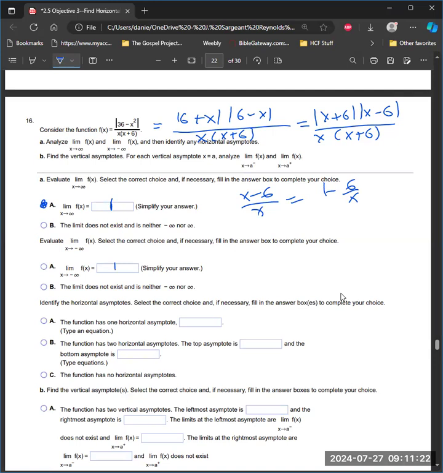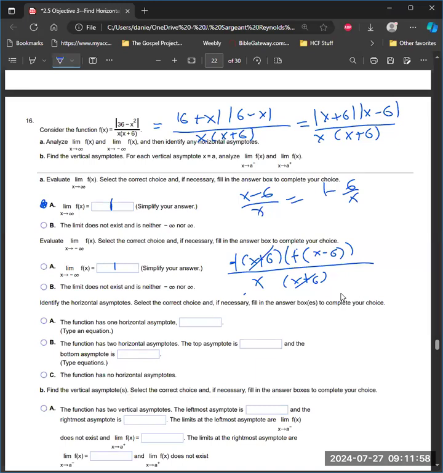This will be the opposite of this, and this will be the opposite of this, and those will cancel each other out, and I'll still be left with that function.